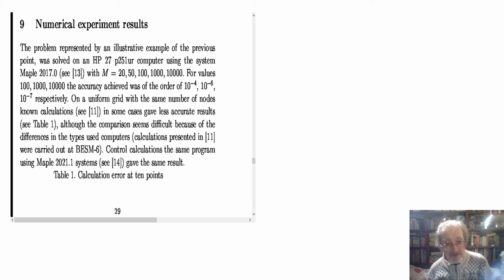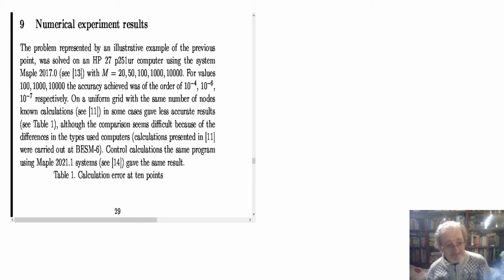The problem represented by an illustrative example of the previous point was solved on an HP computer using the system Maple 2017, with quantity of points in the grid 20, 50, 100, 1000, 10,000.